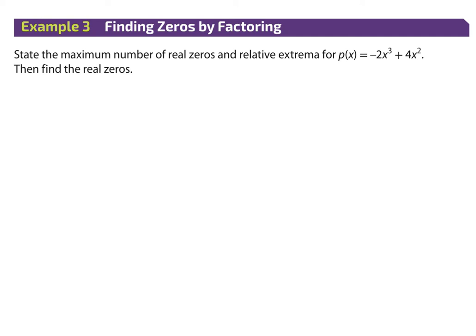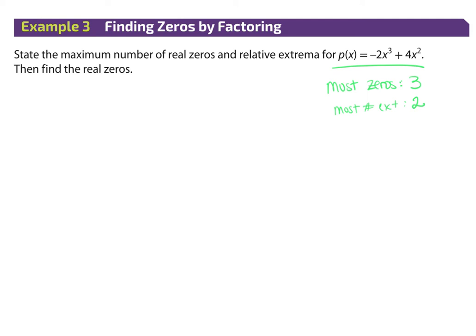So they've given us this function right here. First of all, they want the most you can have. So the most zeros that you could have would be the degree. What is the degree here? 3. And the most number of extremes you could have here would be 1 less than that, which would be 2.